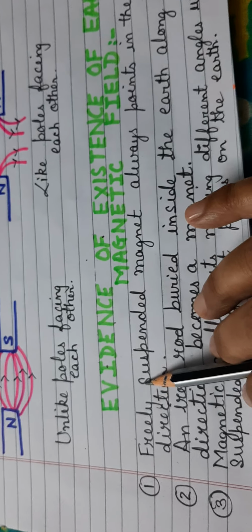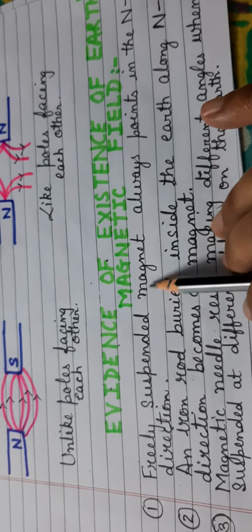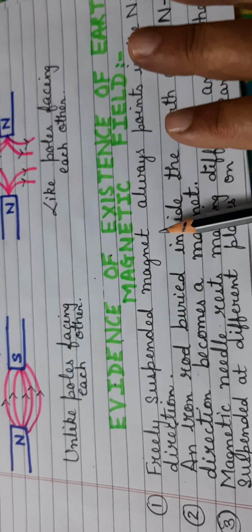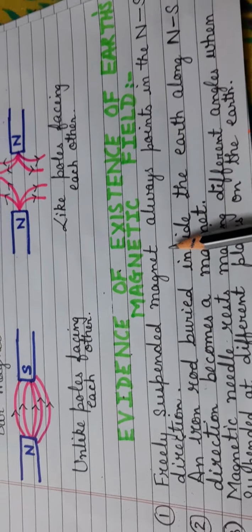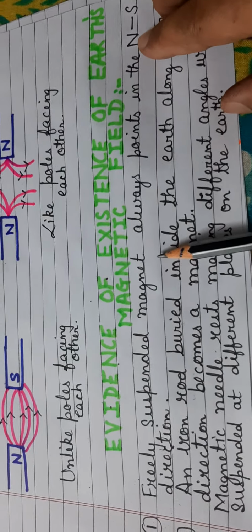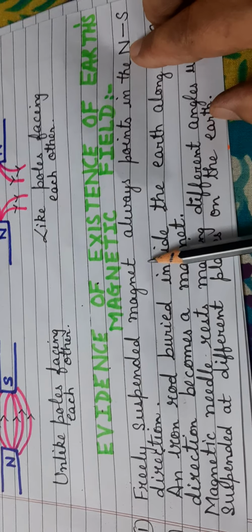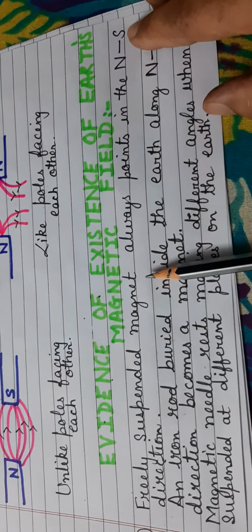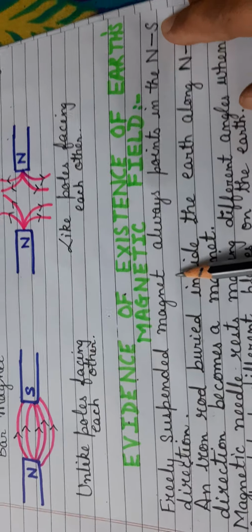The first fact is that when you suspend a magnet freely anywhere on the surface of this earth, it will always point in the north-south direction, such that the north of our magnet will point towards the geographic north of the earth, and the south of our magnet will point towards the geographic south of the earth.